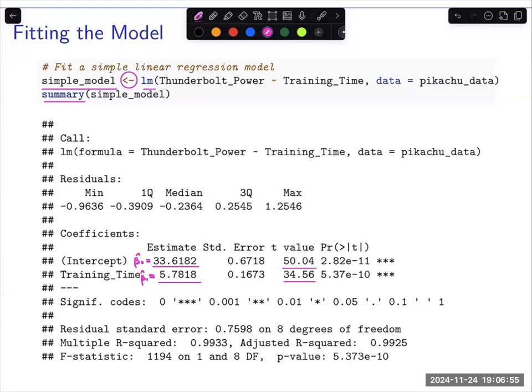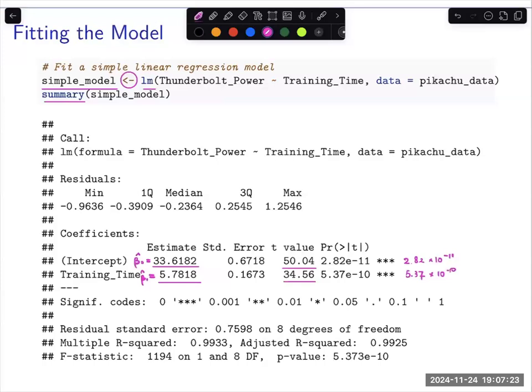And they give you the p-value for each of them equal to 2.82 times 10 to the power of minus 11, which is a very small number, okay? And the same thing for the beta 1. This one has a p-value equal to 10 to the power of minus 10.